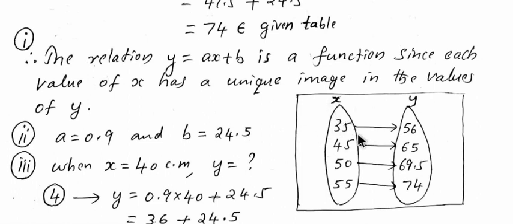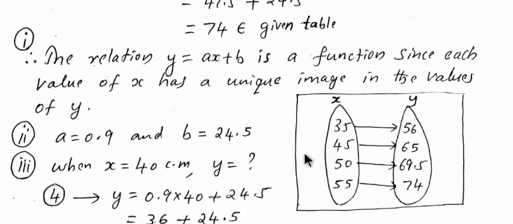Here the first set is 35, 45, 50, 55. The second set is nothing but the values of y: 56, 65, 69.5, 74. Here the image from x to y: 35 to 56, 45 to 65, 50 to 69.5, 55 to 74.